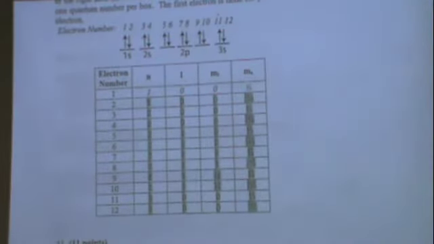We did not grade down on what order you put them in for 5 through 10. As long as you had all of those 6 sets of quantum numbers correctly listed horizontally, the vertical did not matter. Okay, next.